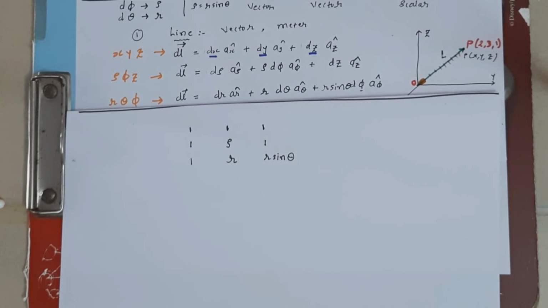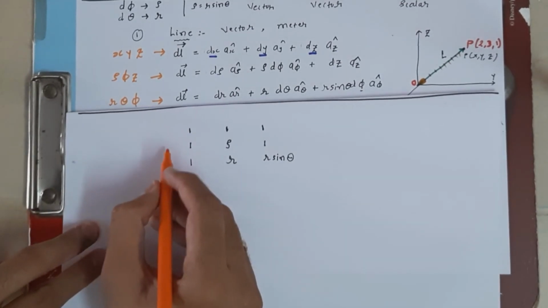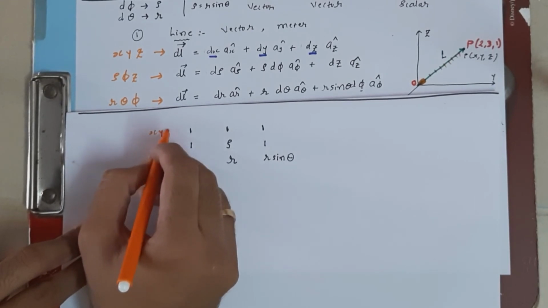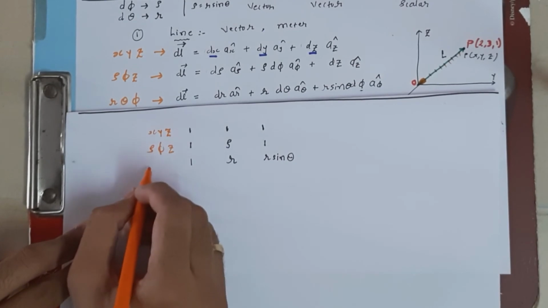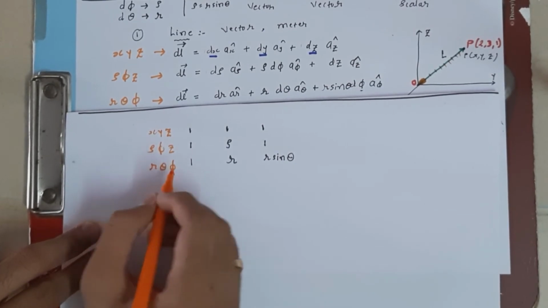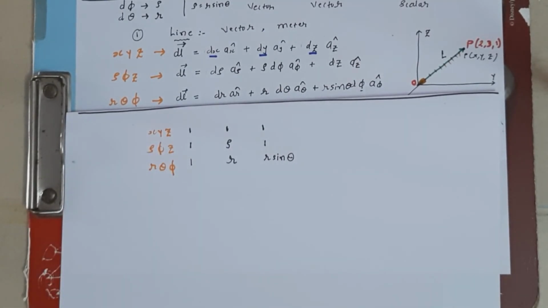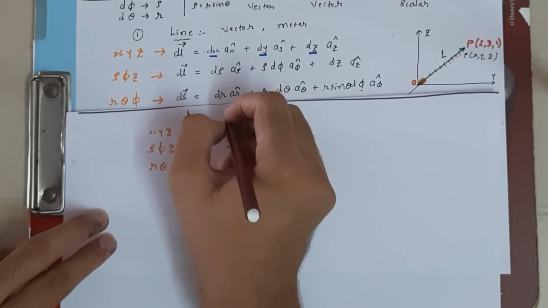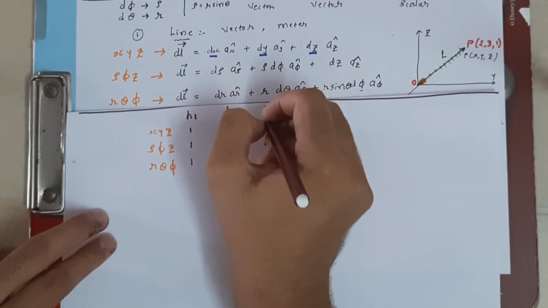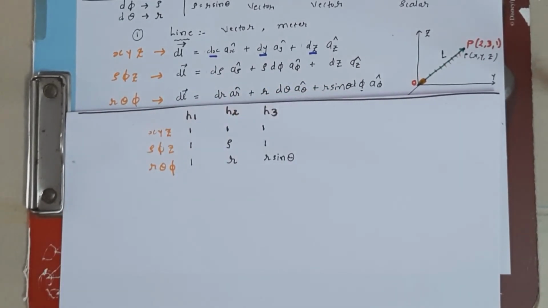This one is for x, y, z, this one is for rho, phi, z, and this one is for r, theta, phi. You have to just remember it in this way. This column is the h1 column, this column is the h2 column, and this column is the h3 column.